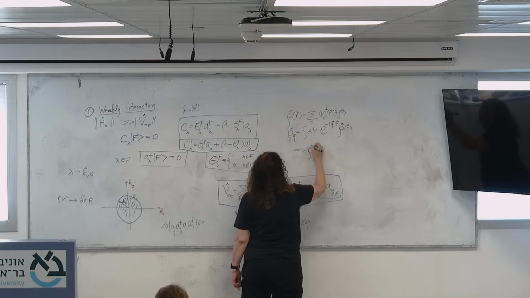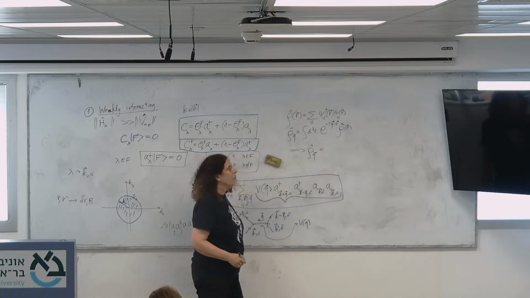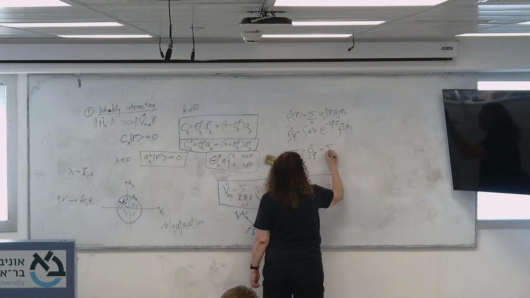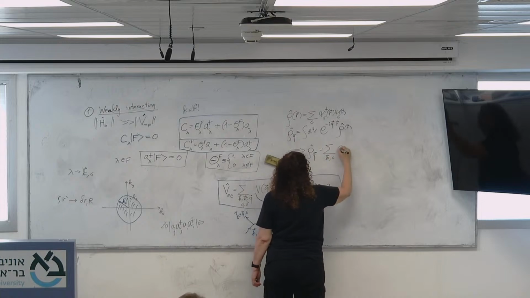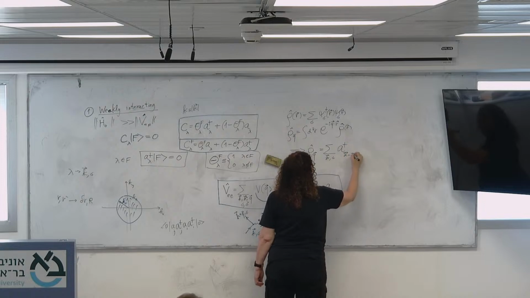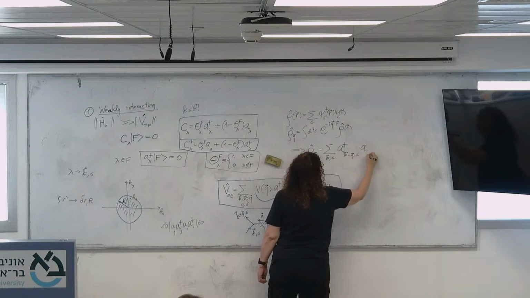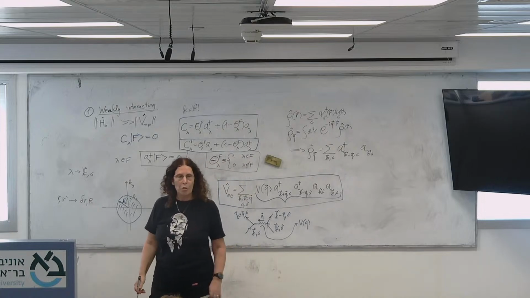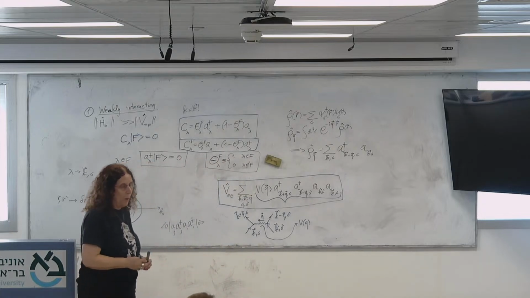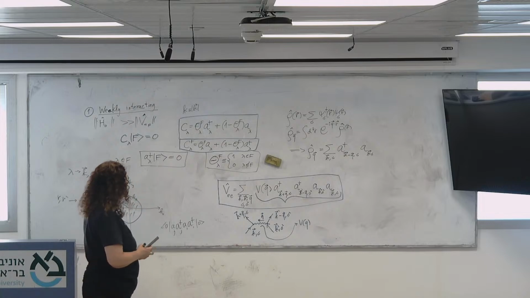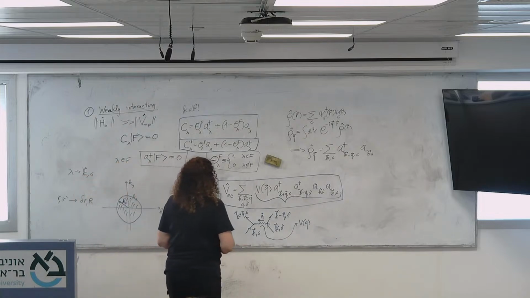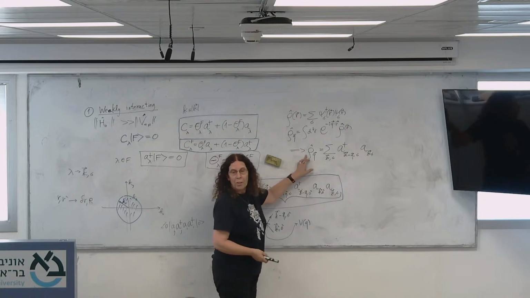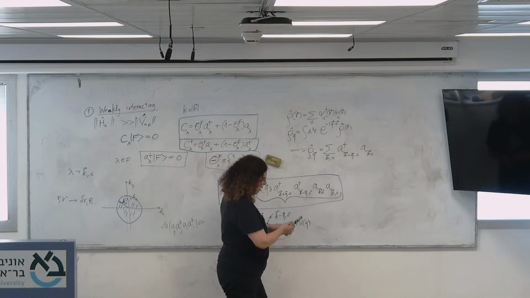You can convince yourself that rho Q can be written as a sum over K and sigma of A dagger K minus Q sigma A K sigma. Okay? Just do the calculation, or you will have to do it in one of the homeworks, I think. And okay, this is just a result of the calculation.